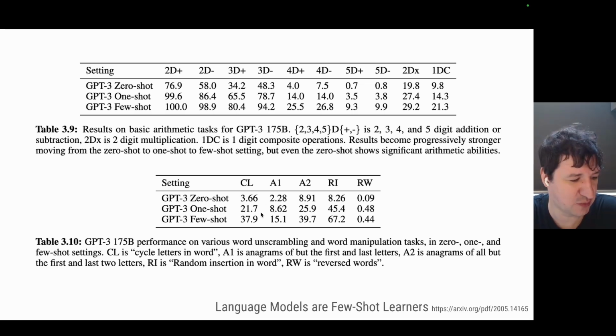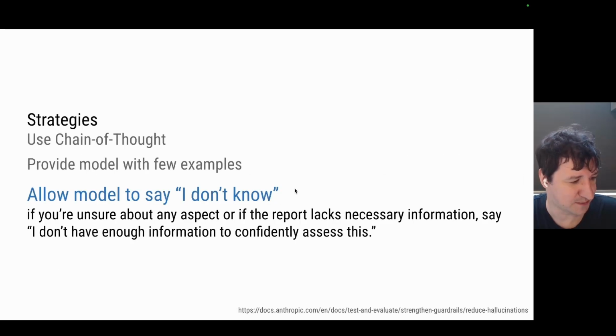But it was enough to provide just one example of how to do this for performance to jump to 21.7%. And with a couple of examples, it can be almost 40%. So again, you can see a tenfold increase in performance just by changing your prompt a bit. So there are some prompt engineering techniques with which you can drastically improve the results of your model.